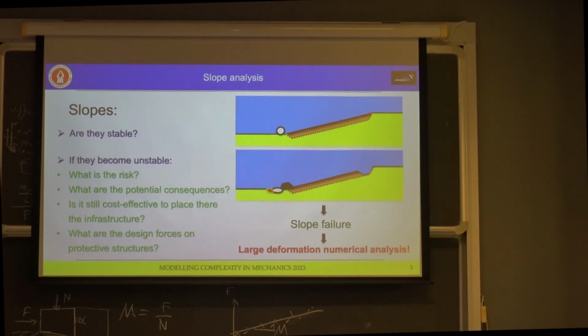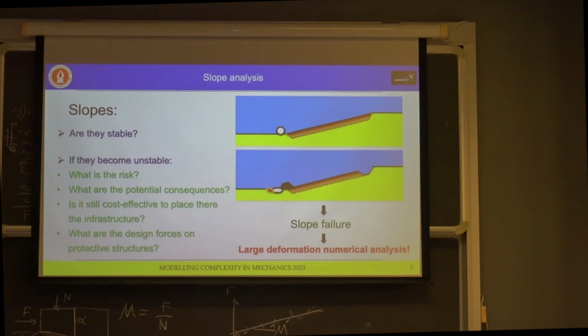We were talking about the slope, and what happens if it becomes unstable, and whether it's still cost effective to put infrastructure beneath this slope. And actually it can be. Also, it's possible to build some kind of protection structures here that may also be cost effective.